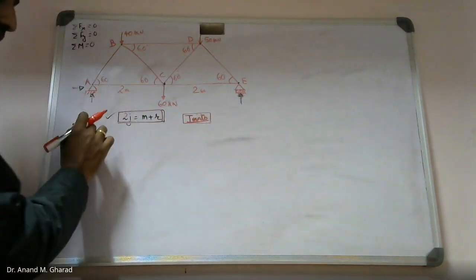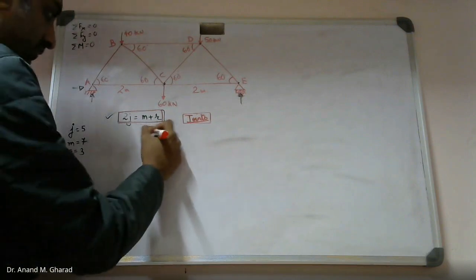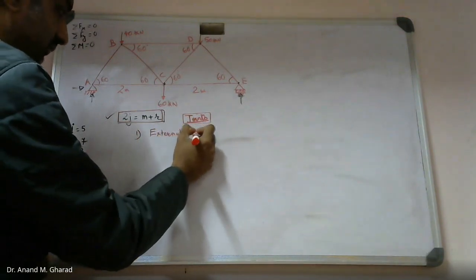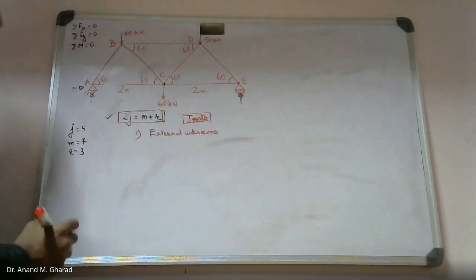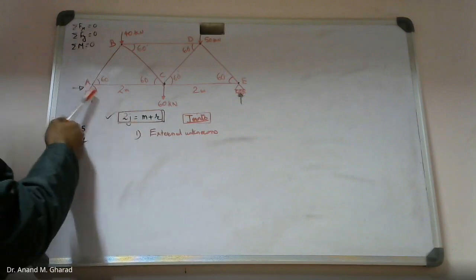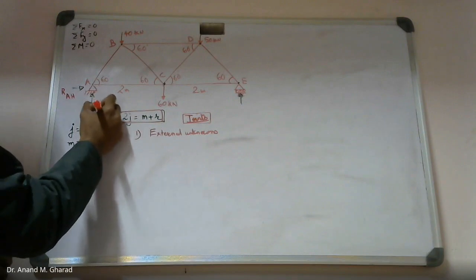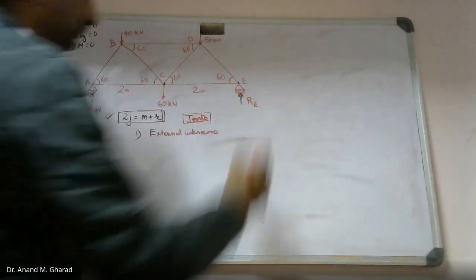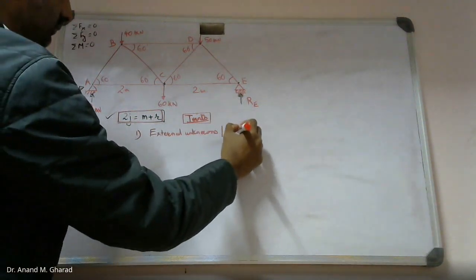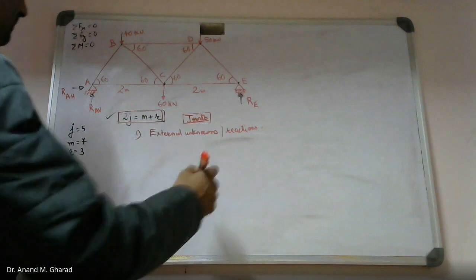Before going for the separation, let us first find out the external unknowns. Since it is possible to find the external reaction forces, let me call them RAH, RAV and RE.